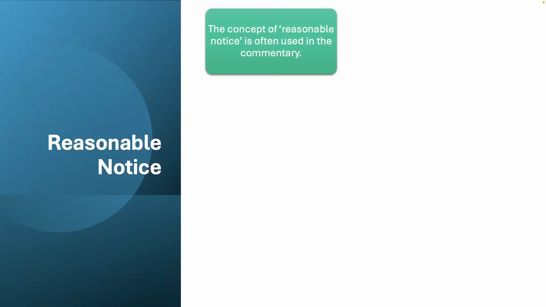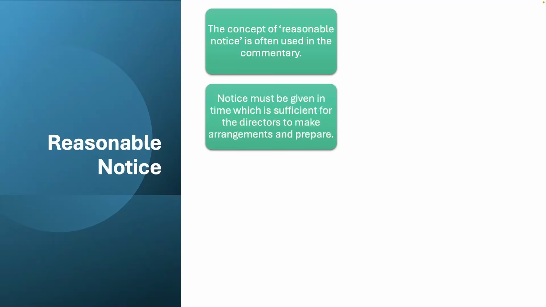This idea of reasonable notice is notice that must be given in time sufficient for the directors to make arrangements and make their preparation. And so reasonable notice itself is very flexible. Broadly speaking, it is defined as an amount of time that is sufficient for a director to make these arrangements and to prepare for the meeting.